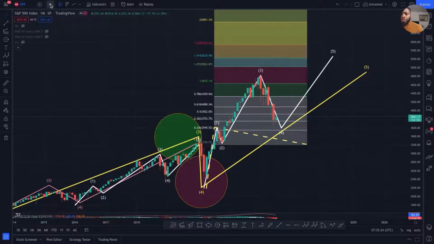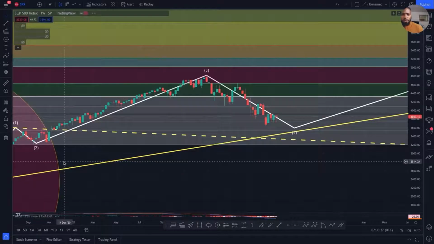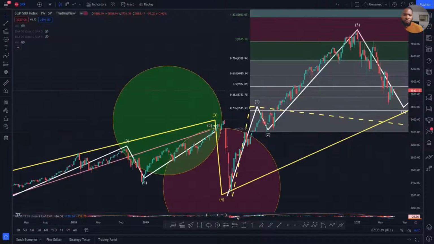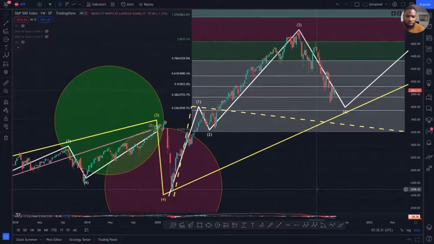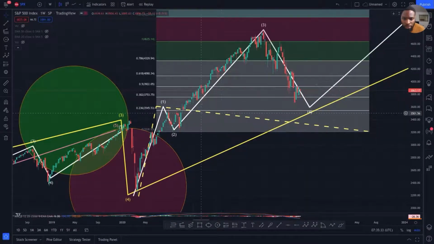So I go to the weekly time frame. This is the wave 1, wave 2.